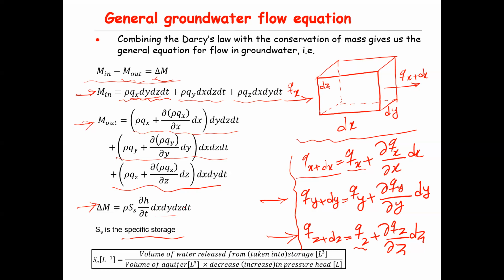You can easily evaluate and see this has the unit of mass, because look here, SS is volume divided by volume times the decrease of the head. So this one has the unit of 1 divided by length. If I multiply that by dh over dt, the whole thing will have the unit of 1 divided by time.